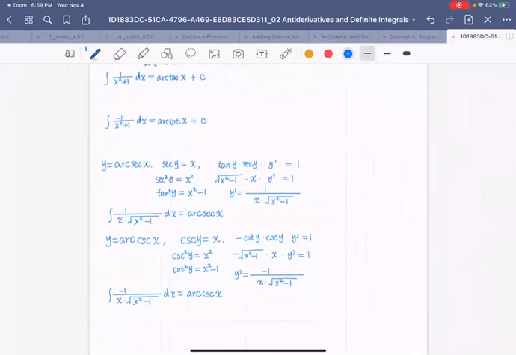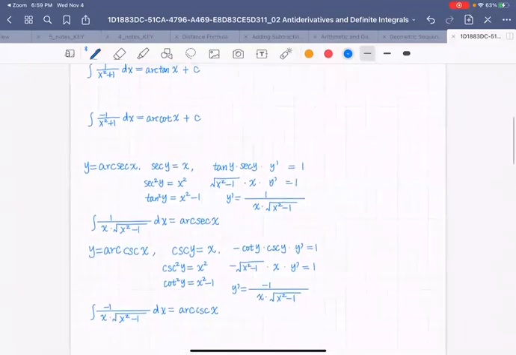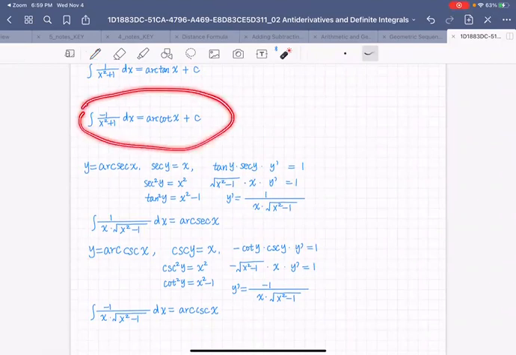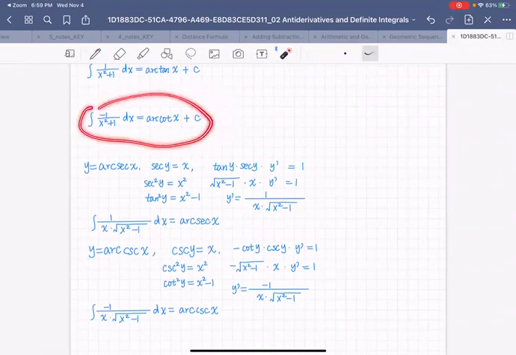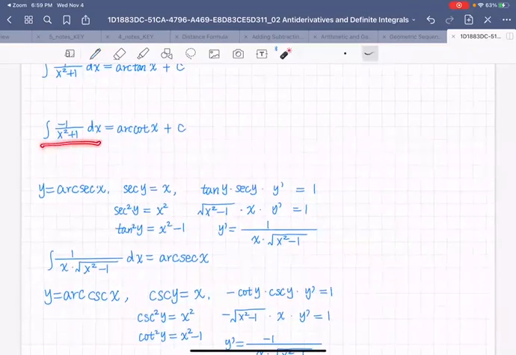Got the same answer? Good job. You can also practice this one by yourself to find out that when you put a negative in front, you have an arc cotangent x.